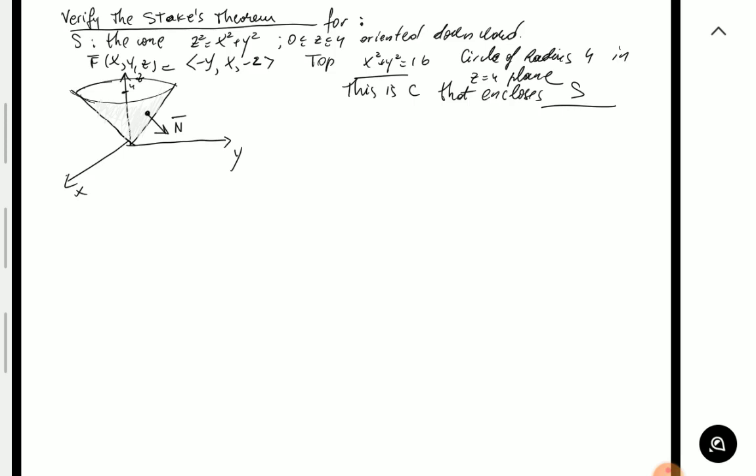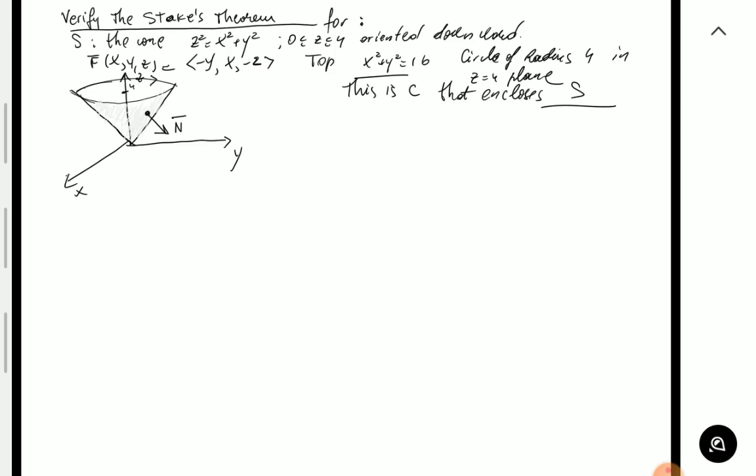Okay, now using the right-hand rule, like I said, if you walk around the curve and you want to keep the normal upward and to your left, that means you have to actually walk clockwise as you see this curve from above. So if you curl around the fingers of your right hand, the thumb should point downward in the direction of the normal.